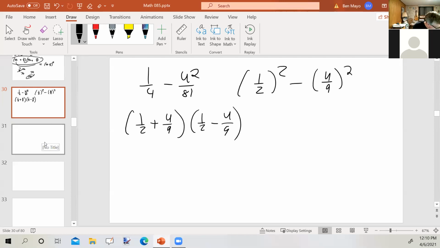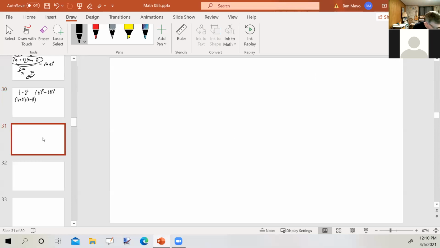And here's one more fun one. Fun for whom, you say? All right. x to the 4th minus 13x squared plus 36. This is a trinomial. It's in standard form. Let's see.